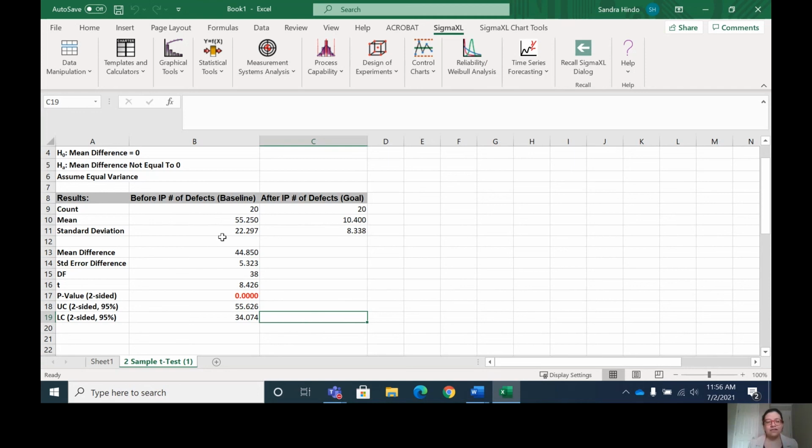Never again do you just need to eyeball M1 and M2 and figure out if there is a difference between the two. You can statistically validate your results via the p-value. So let me now show you the cheat sheet.